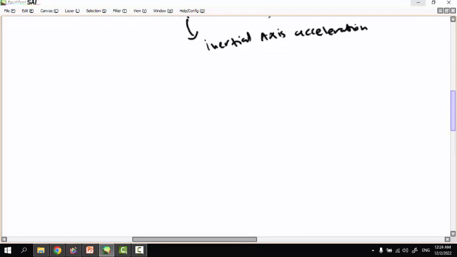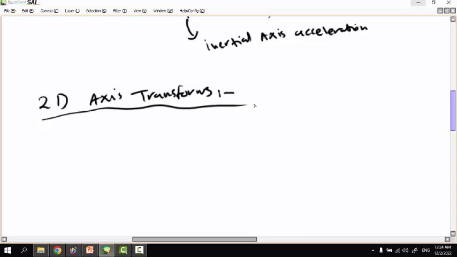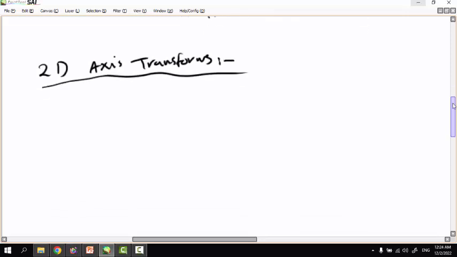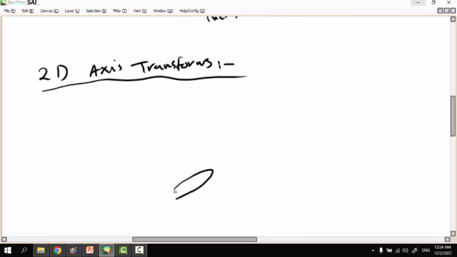Now we go for the 2D axis transformation. We have the same setup as the previous example.